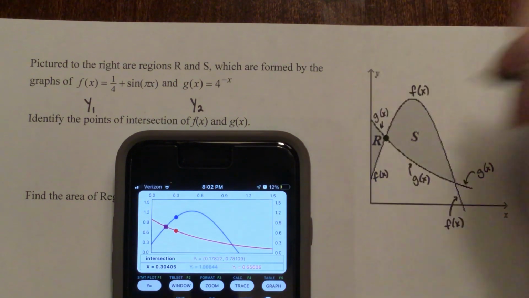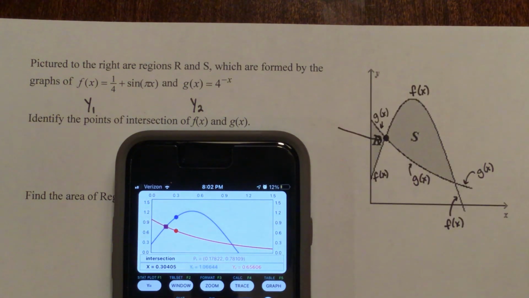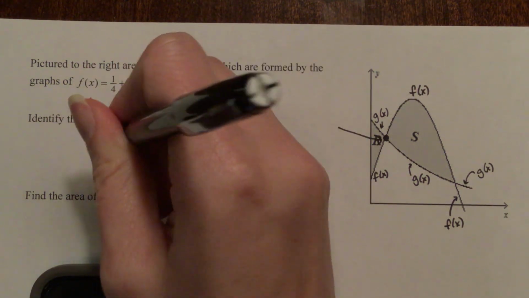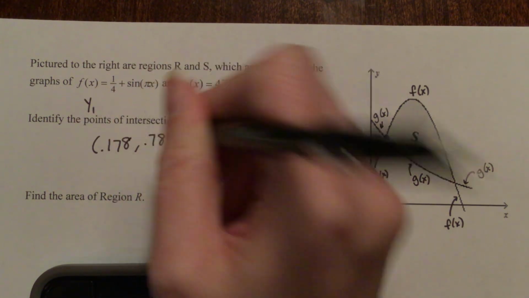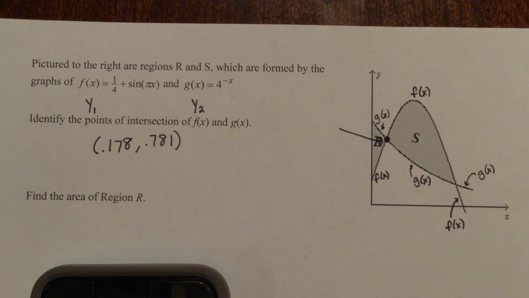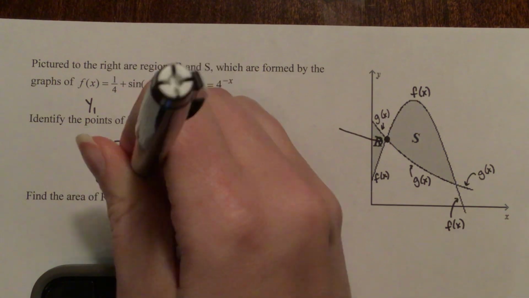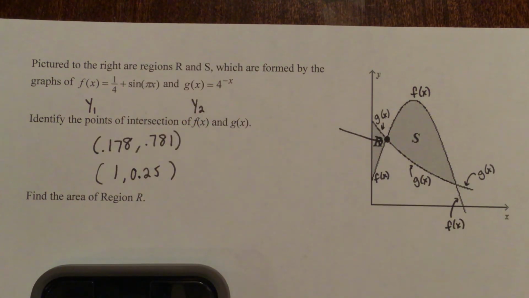So that point is 0.178, comma 0.781. It's kind of fancy. And then the second one, you're going to do the same thing for the other spot, and it's 1.25, comma 0.25.